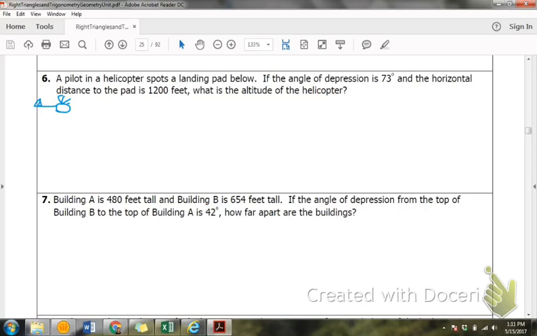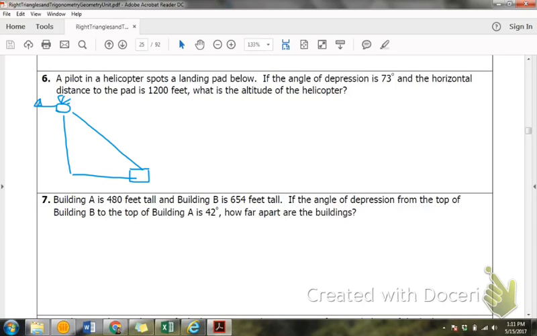If the angle of depression and the horizontal distance to the pad is 1,200 feet. So here's the thing. He's probably not right over the landing pad, right? He's probably looking down at it. And we know we're building a right triangle. Okay. He spots a landing pad below.